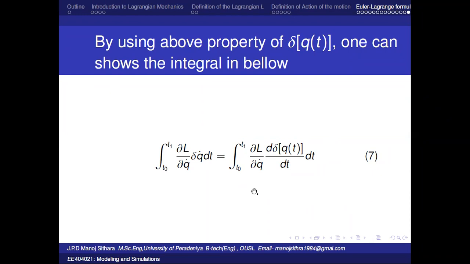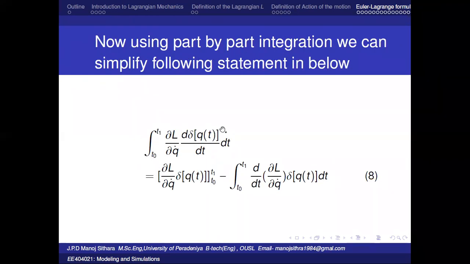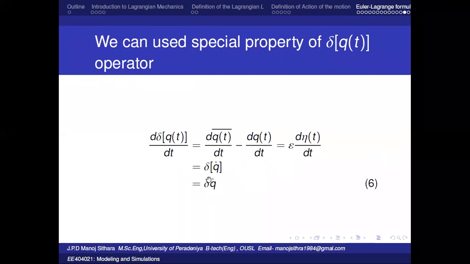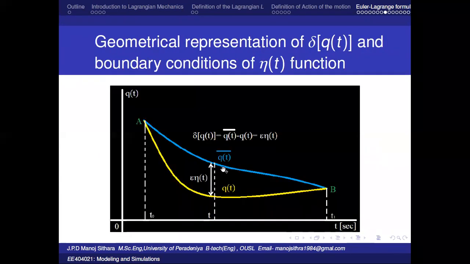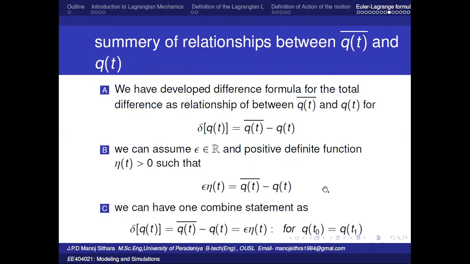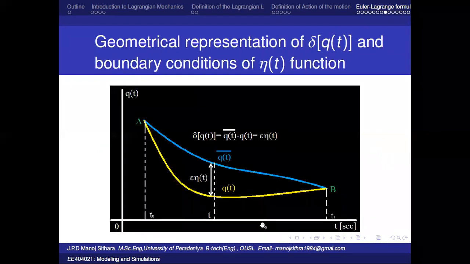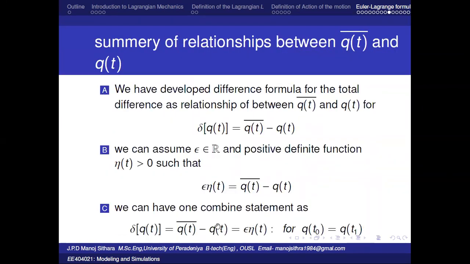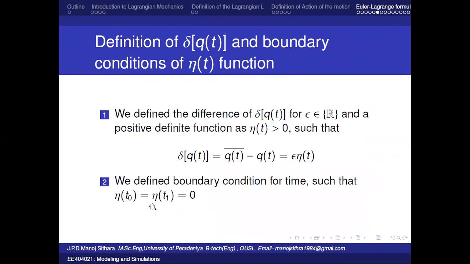Then what we can do is use the integration by parts method to simplify this statement into statement number 8, using the boundary condition that we assume for the two points A and B, right? We know that this is nothing but theta at t naught and theta at t1 equal 0.